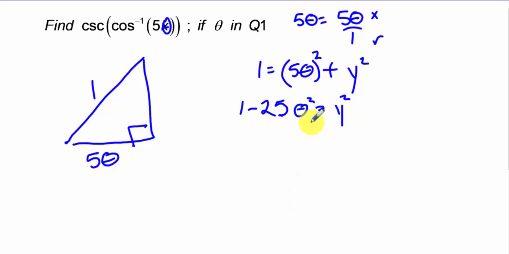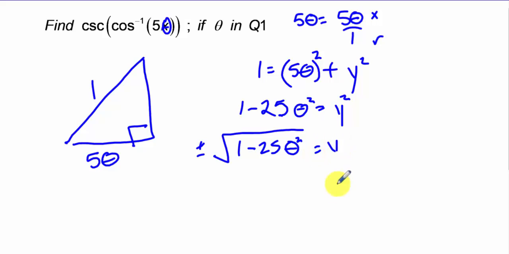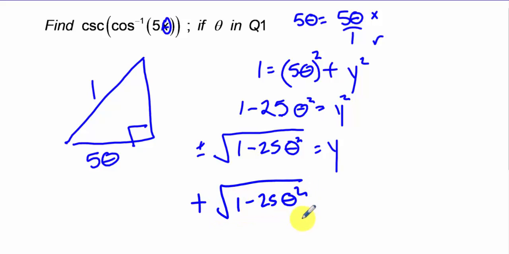And I want that y value, so just 1 minus 25 theta squared square rooted, and we can say this could be a plus or a minus, but since it's in the first quadrant, I know it's strictly positive. So I have the square root of 1 minus 25 theta squared for that value.